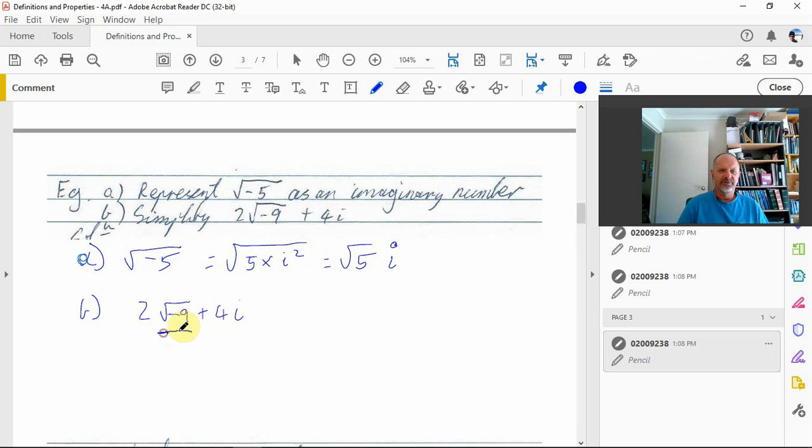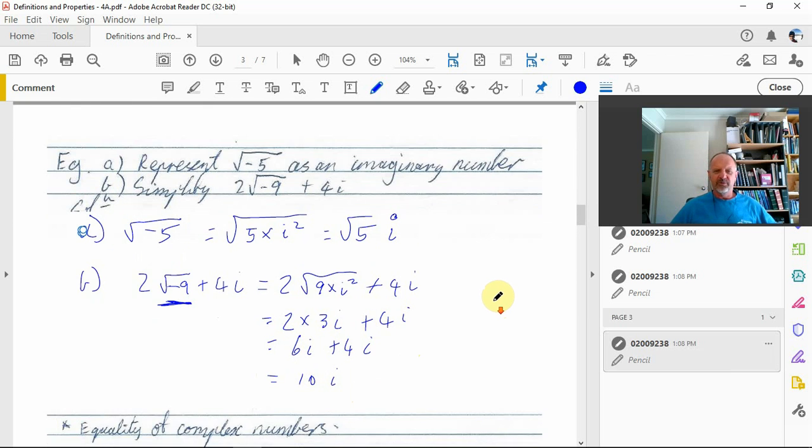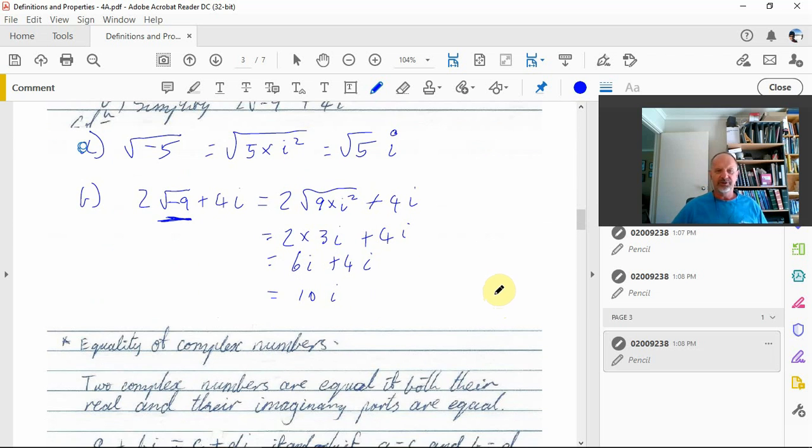So what we're going to do is change the -9, so that's 2 root 9 times i squared plus 4i, 2 times 3i plus 4i, that'd be 6i plus 4i would be 10i as the complex number. All right, so we would have done all of this last year in units 1 and 2.